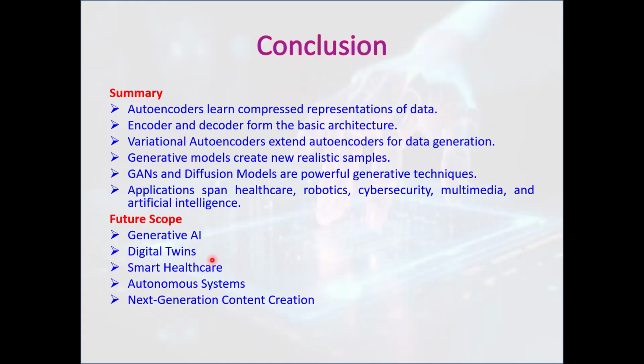Future healthcare solutions will leverage generative models for personalized medicine, diagnosis, and treatment planning. Next, autonomous systems. Generative AI will enhance the intelligence and adaptability of autonomous robots, vehicles, and industrial systems. Next generation content creation: generative technologies will continue to revolutionize content creation by producing realistic images, videos, music, and interactive experiences with minimal human intervention.